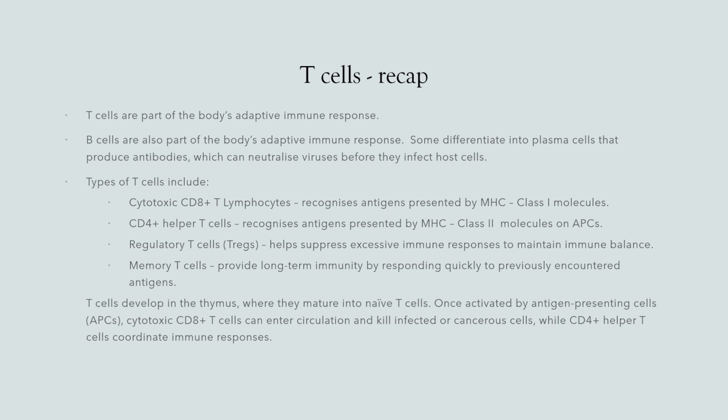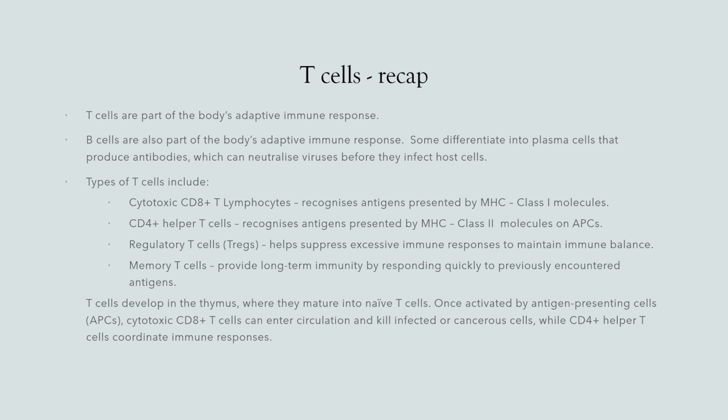antigens. And again, this is just a recap: T cells develop in the thymus, where they mature into naive T cells, and these naive T cells are then activated by binding with major histocompatibility complex antigens presented to them.